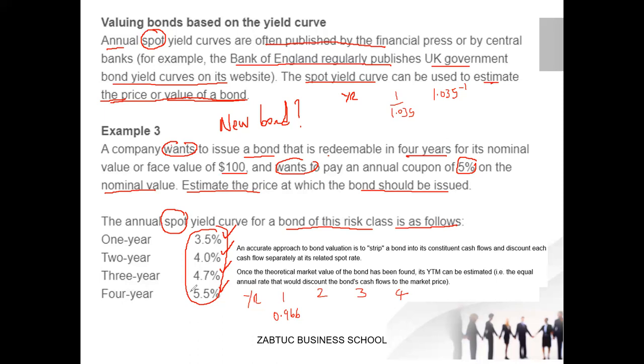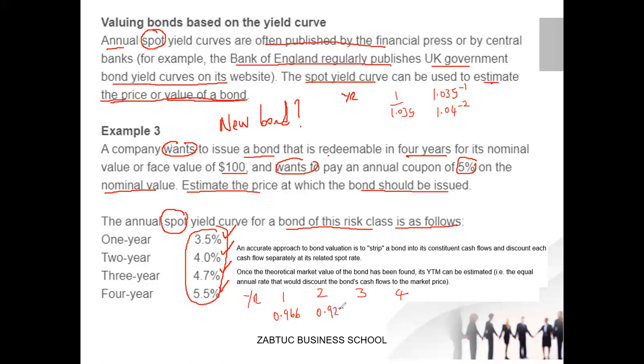What of the second one at 4% in 2 years? What is the figure? It is 1.04 to the power minus 2. What have you found? 0.925.